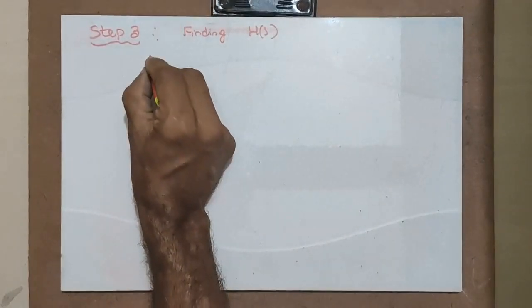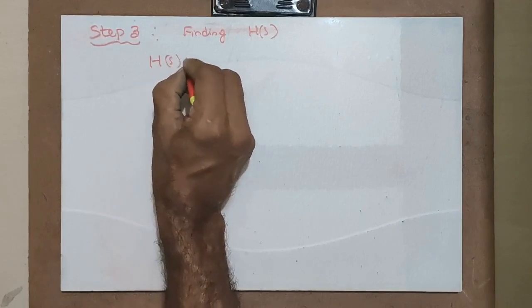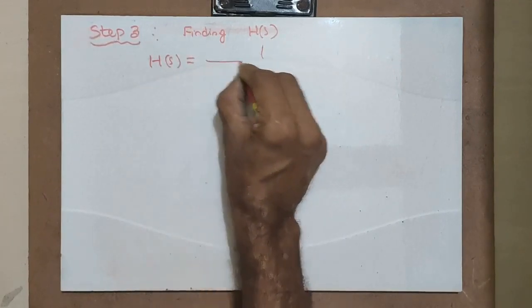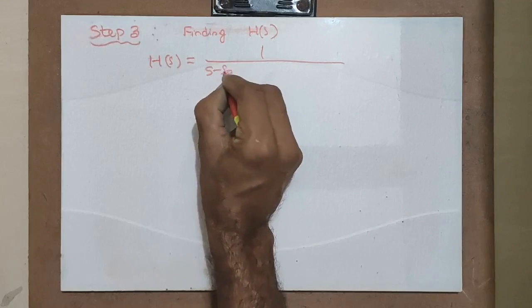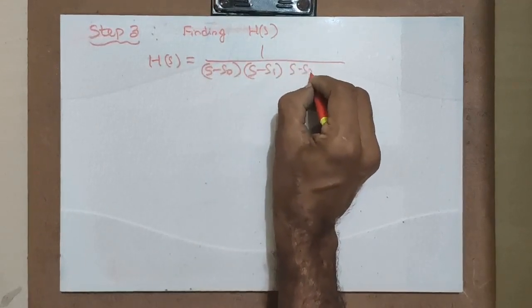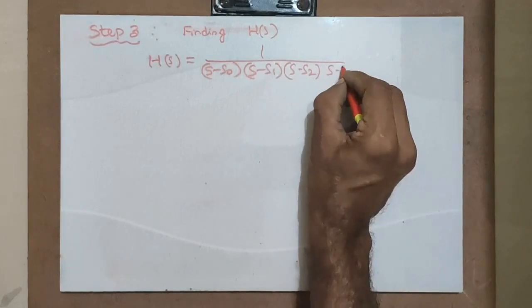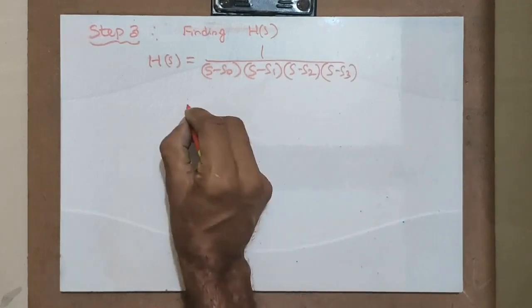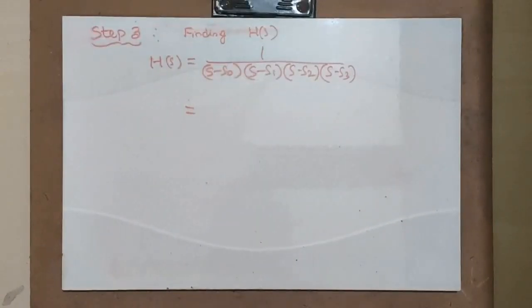You know how to do that. H of S is equal to 1 divided by (S minus S0)(S minus S1)(S minus S2)(S minus S3). At this step, you can take the help of filter tables.